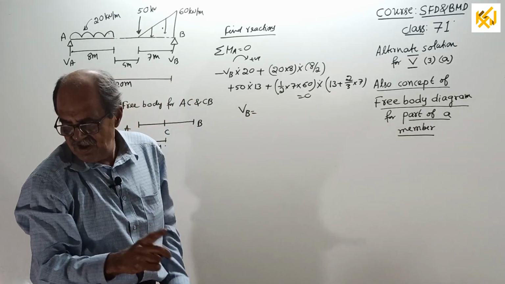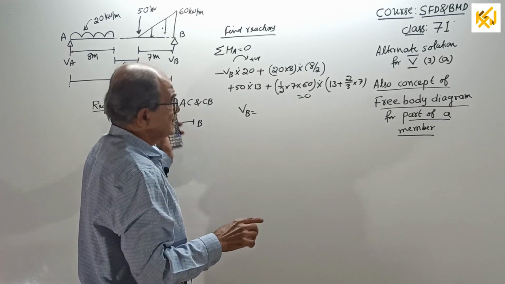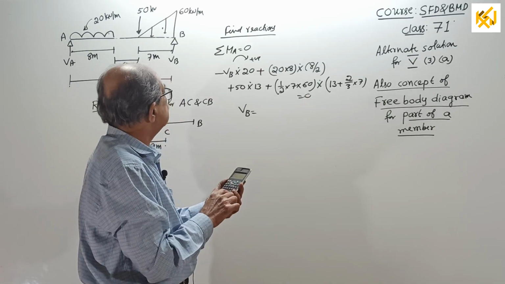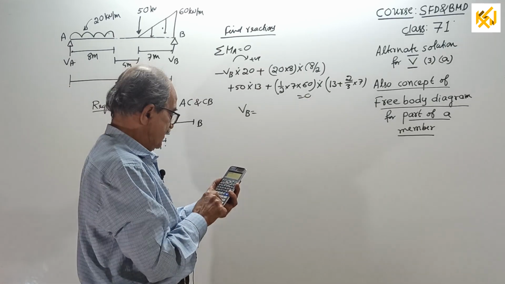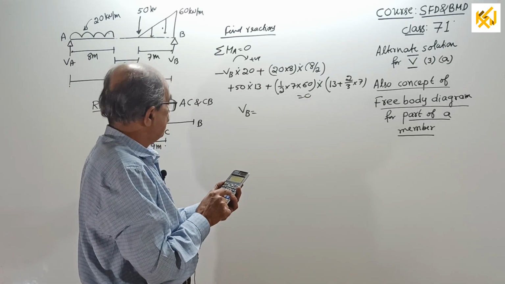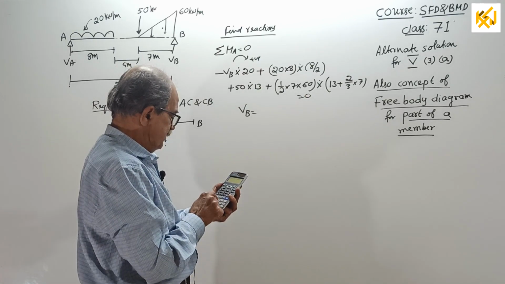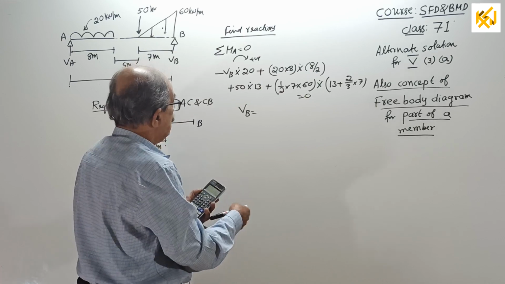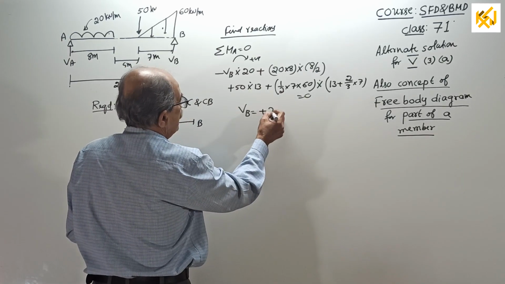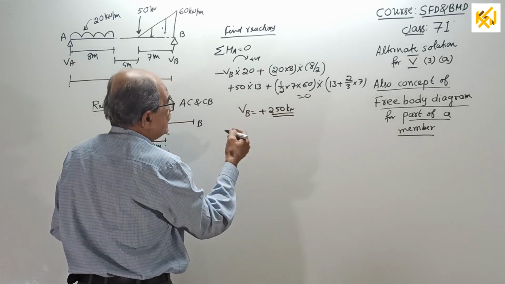In this class, I will explain so many concepts for you. Start to calculate. I just wrote the question without any preparation. So, 20 into 8 into 4, plus 50 into 13, plus half into 7 into 60 into 13 plus 2 by 3 of 7, divided by 20. I got VB equal to 250 kilonewton. I usually set the question for round numbers because it is easy to write.